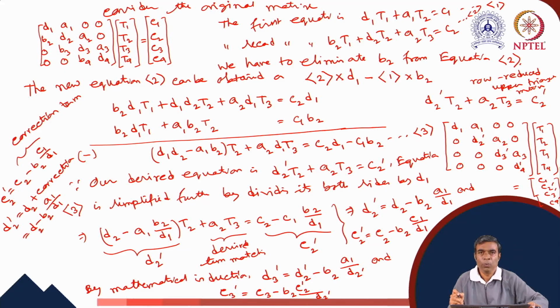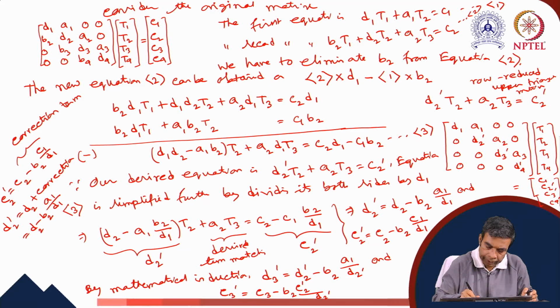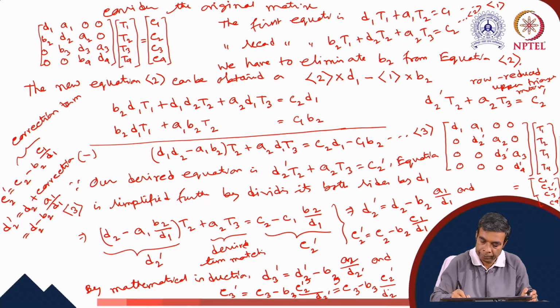So now we can generalize this upgraded diagonal and the right hand side entries. Here this is d3, similarly this is b3, this is a2 and this is b3. So this expression we can write once more as c3 minus b3 into c2 dash by d2 dash.